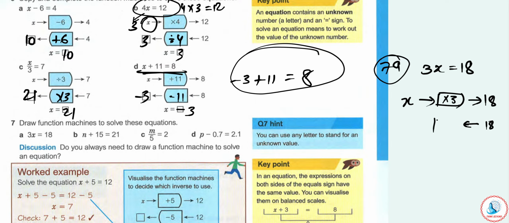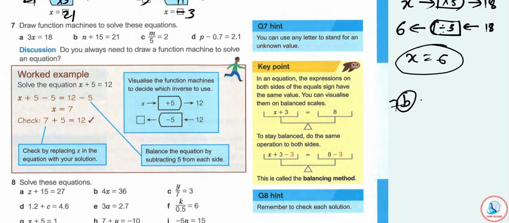Now same for question number B, you can do 7b. 7b is n plus 15 is equals to 21. So you can do function is plus 15 giving you 21. Now invert it here.